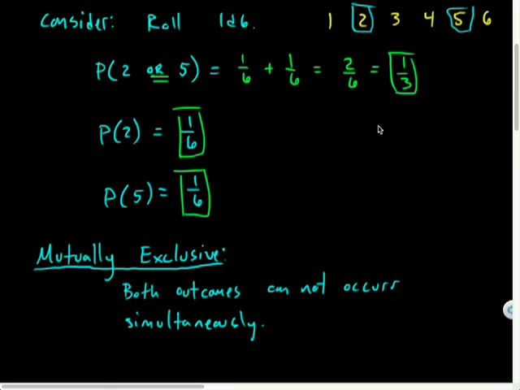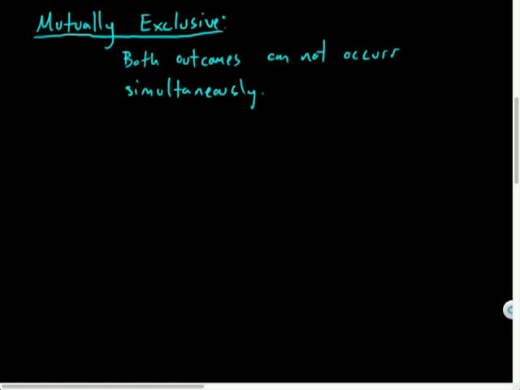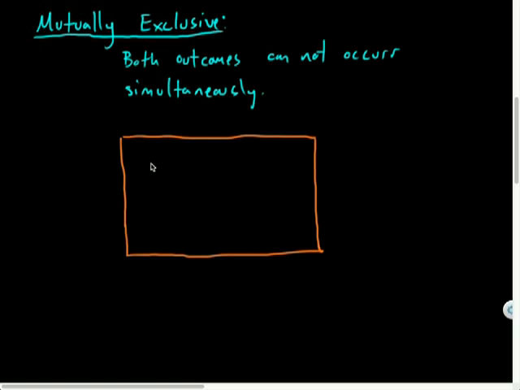All right, so mutually exclusive events, if I was to draw a Venn diagram, where say this orange box was all possible outcomes. So in the case of the die rolling, that would have been the 1, 2, 3, 4, 5, 6, all possible outcomes. All right, and then some of those outcomes were event 1.